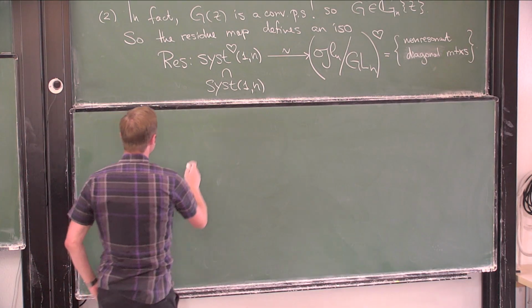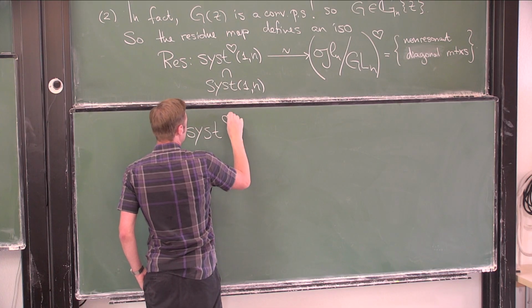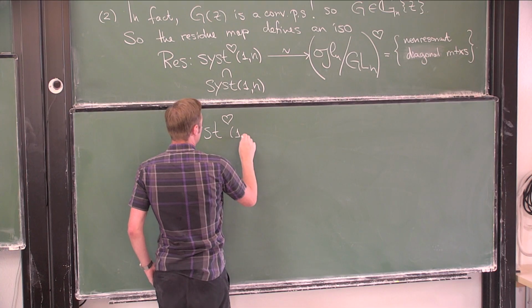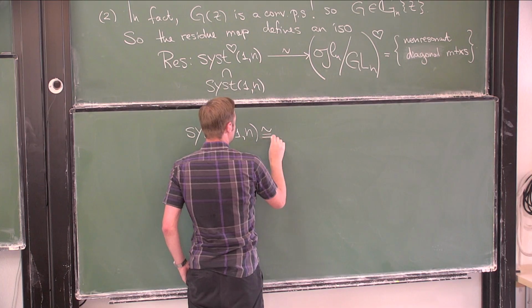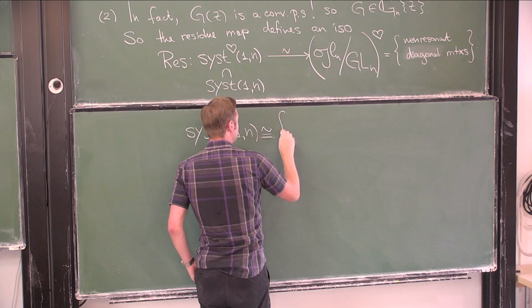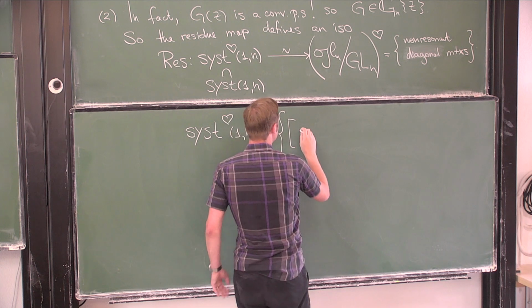So to put it another way, this part is isomorphic to the set of gauge equivalence classes, each of which looks like this.